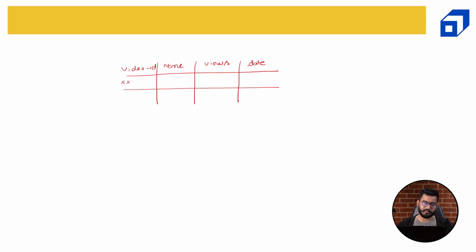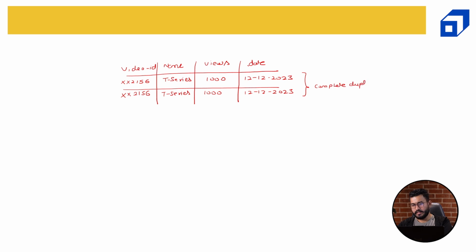Let's say the video ID is XX2156, the name is T series, views is 1000, and date is 12/12/2023. If I get the same row with the exact same details, this is an example of a completely duplicated row.